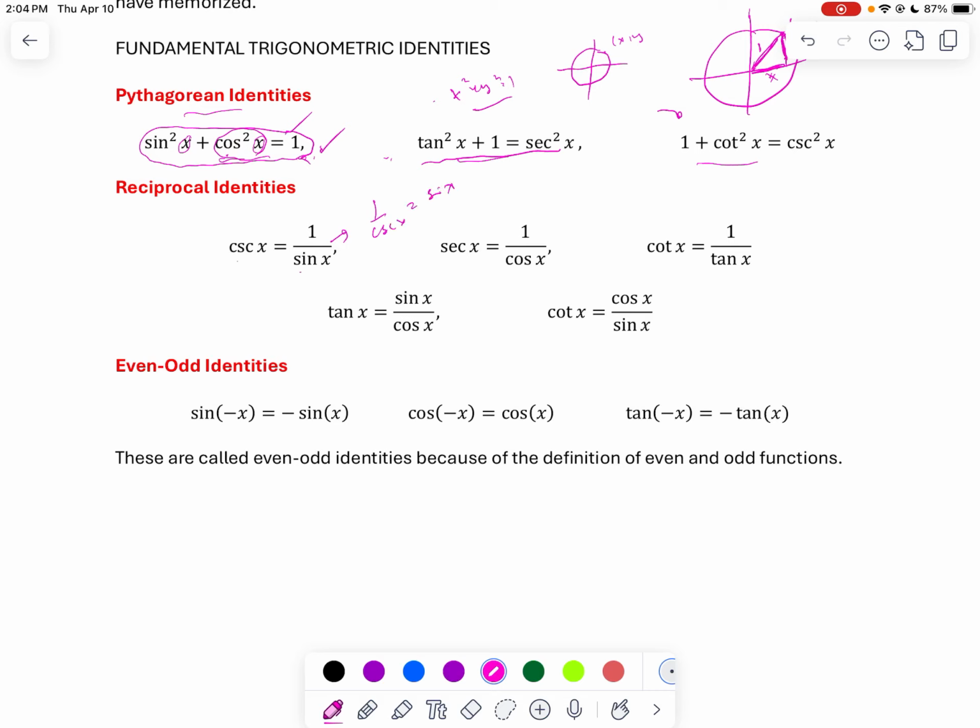So if you take the reciprocal of both sides, you get that. In the same way, 1 over secant x will be equal to cosine x. And same thing about this one, 1 over cotangent x will be tangent x. Also, we have these extra ones, coming from the definition, because the tangent was defined as sine over cosine, and cotangent is cosine over sine.